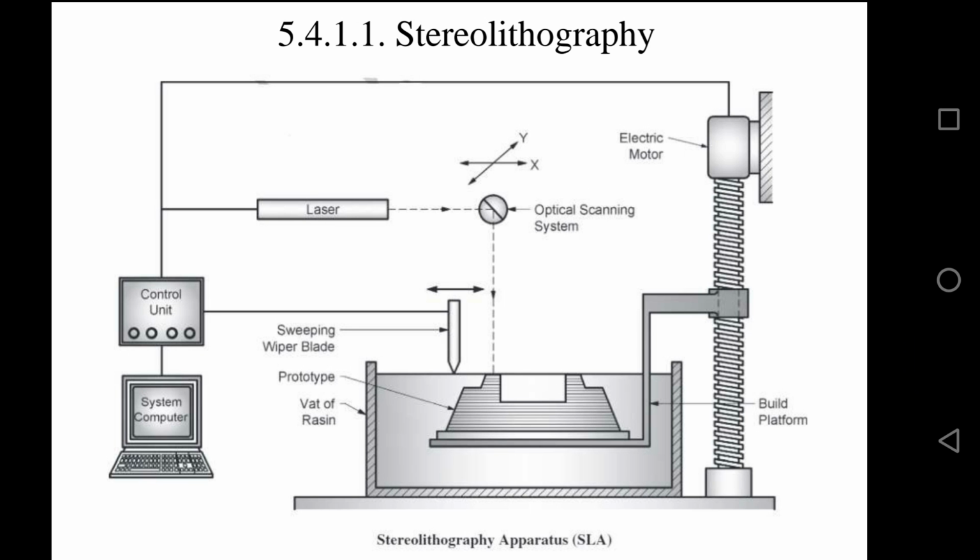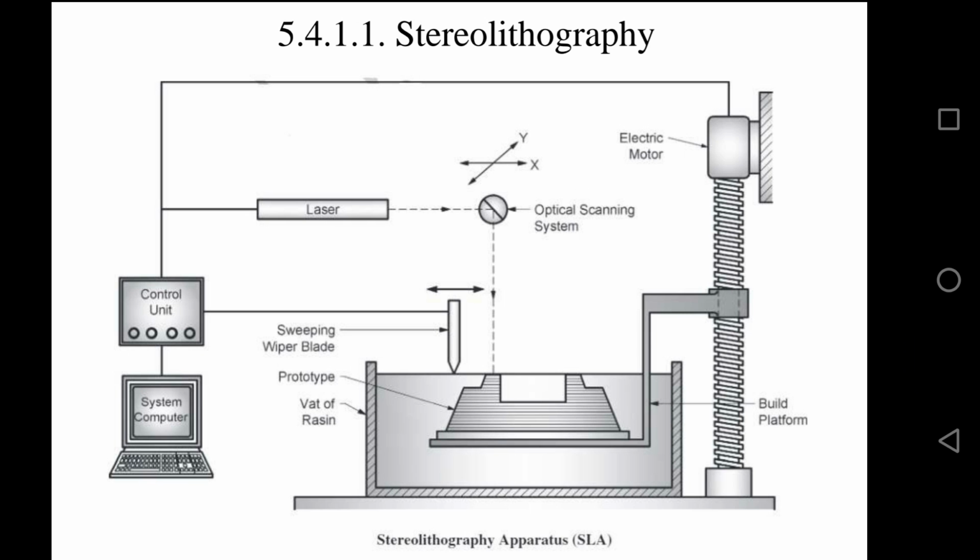Then the part orientation, and if support is needed, we have to do support generation. Then we need to check the STL files for any defects. Then the STL files are transmitted in a format that the machine can read. Then the slicing of the STL model will be done.